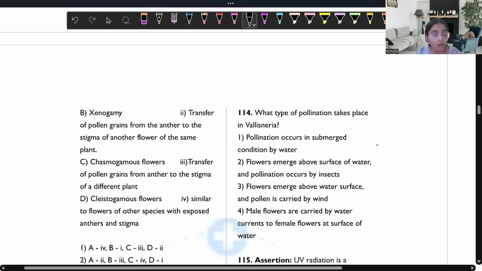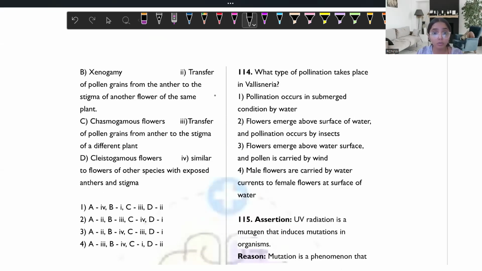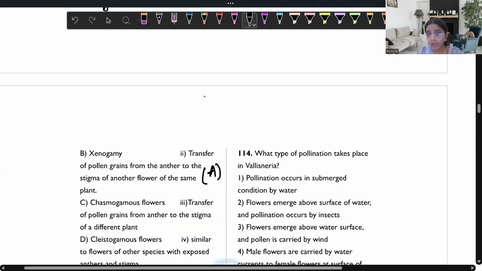Now let us see option 2. Transfer of pollen grains from anther to stigma of another flower of the same plant. Yes, this is geitonogamy. So this is option A. Geitonogamy is transfer of pollen grain from the anther to the stigma of another flower of the same plant. Now, what is xenogamy? We know that xenogamy is pollination between different flowers of different plants, and xenogamy requires pollinators.